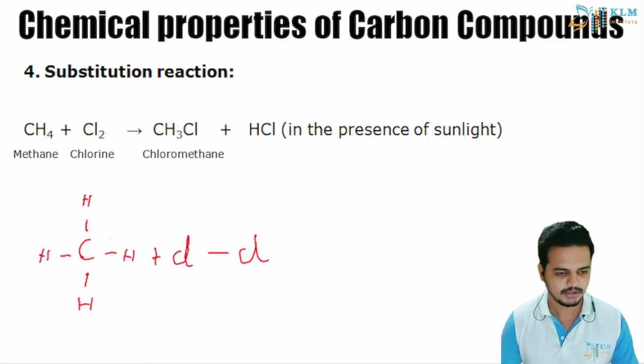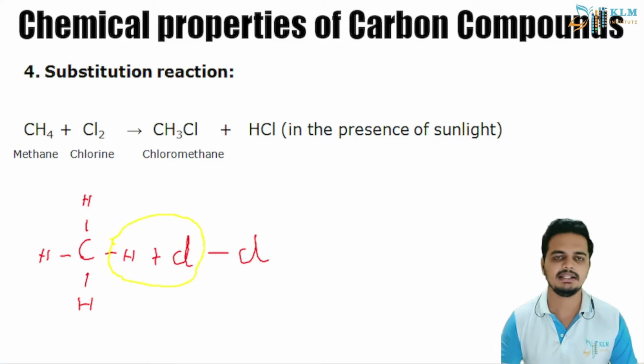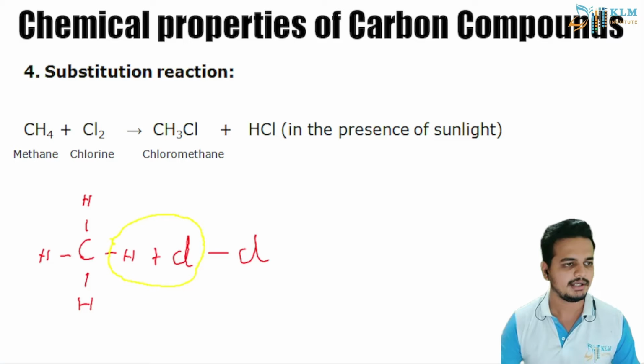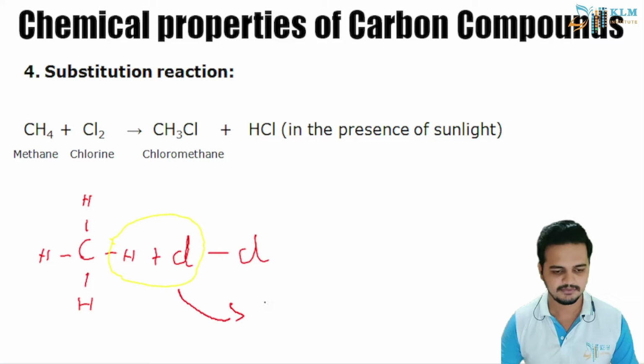Here these two have a tendency to attract each other because Cl needs one electron and hydrogen needs one electron. They form a covalent bond together and come out as HCl.